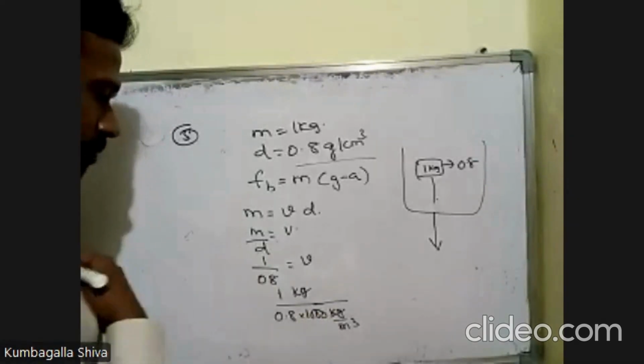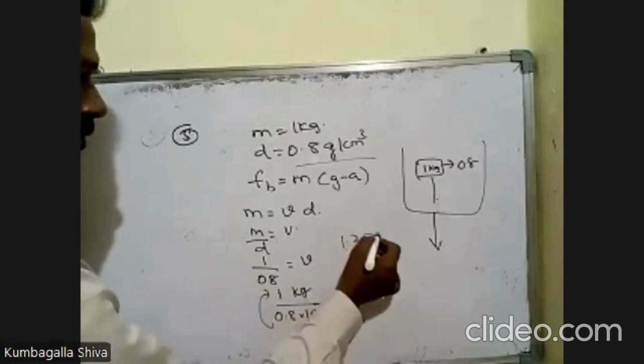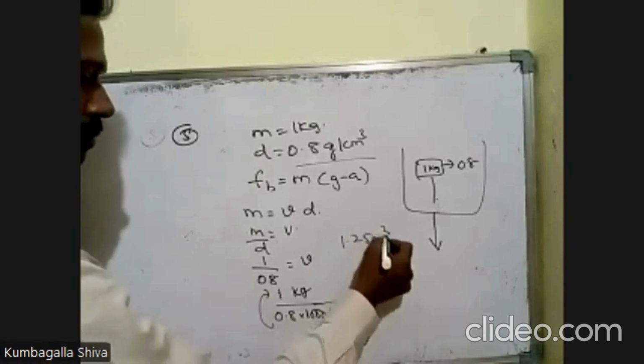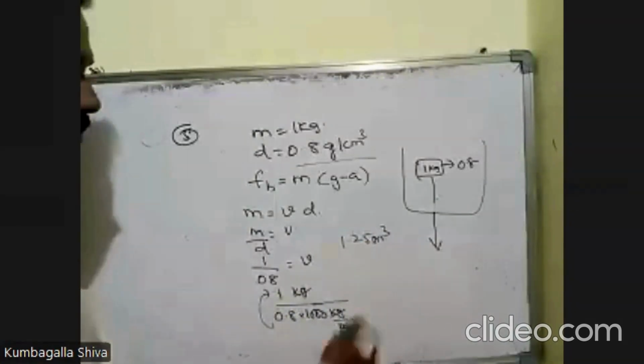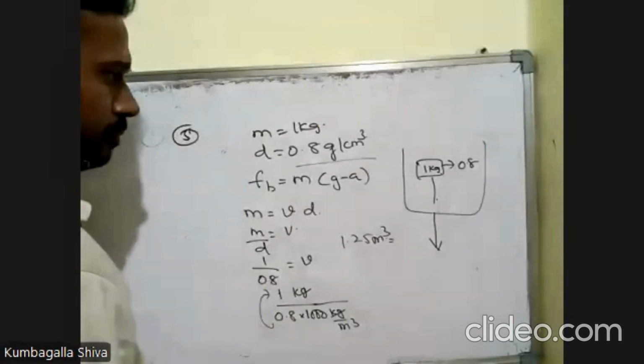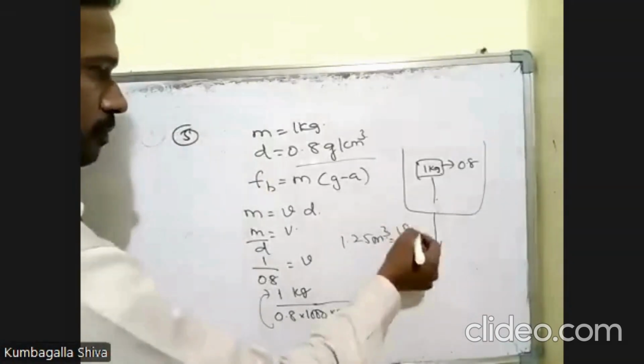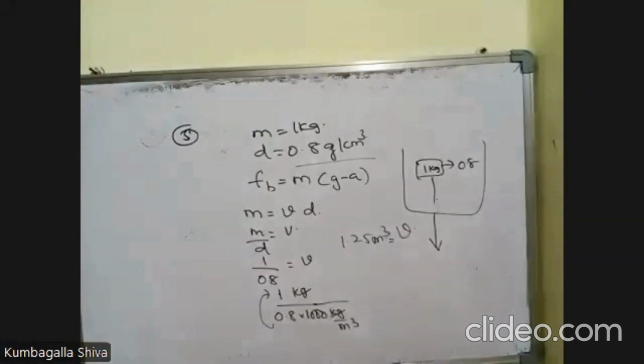What you'll get here? Volume 1.25 meter cube. This is the volume, 1.25 meter cube.